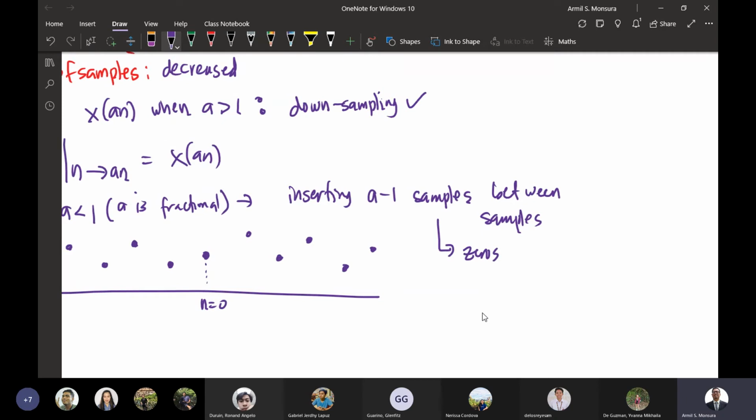Okay, it may be zeros. And it may be the average between immediate values.